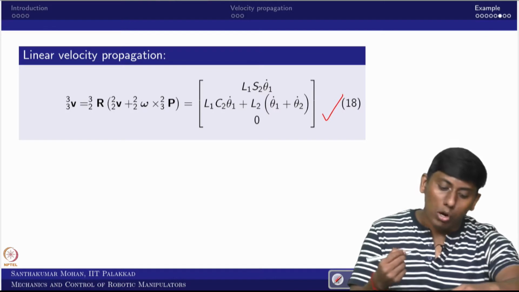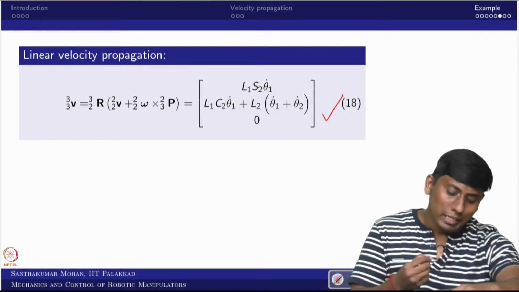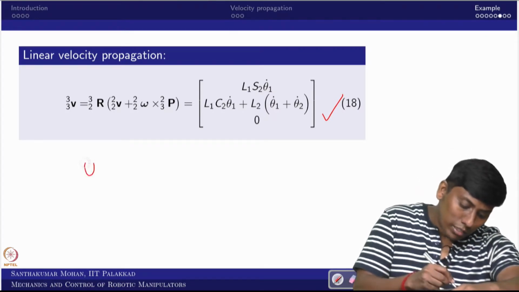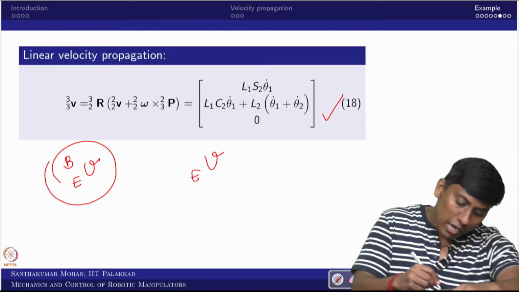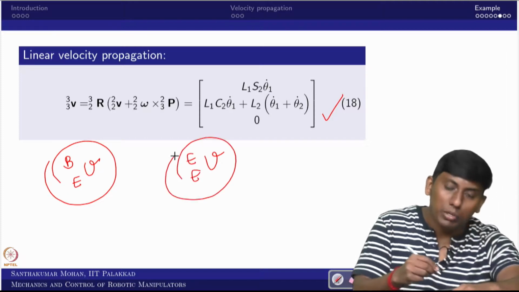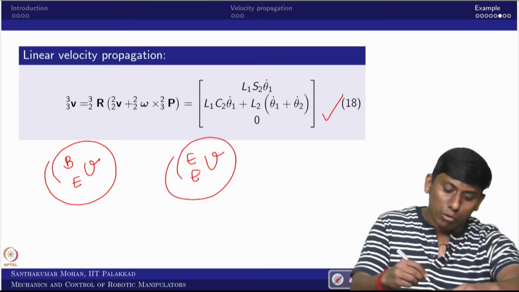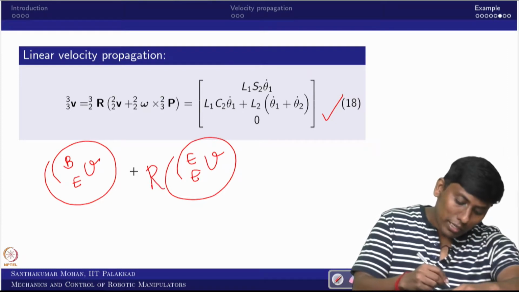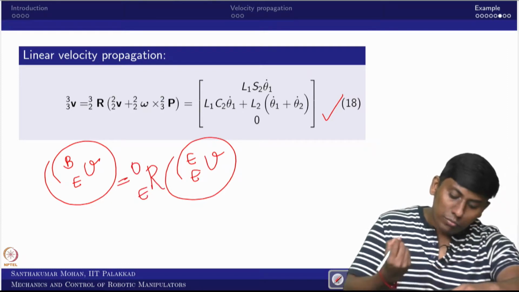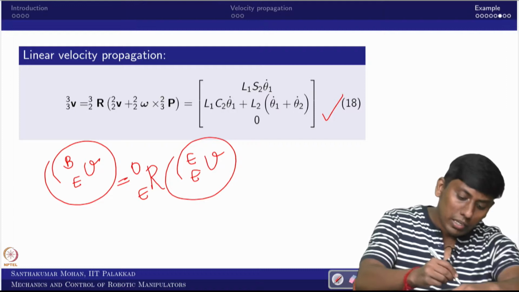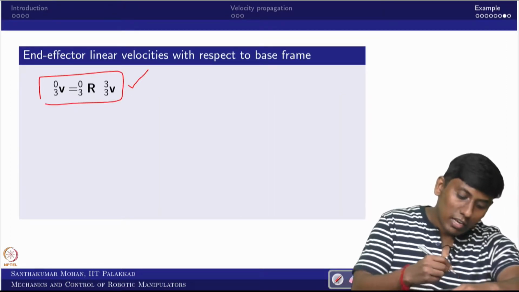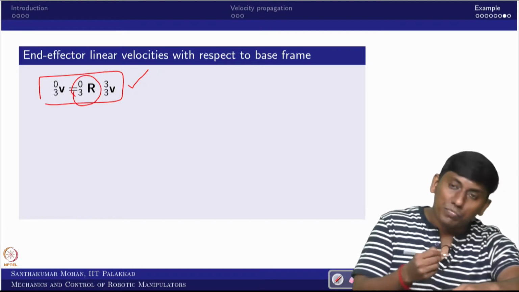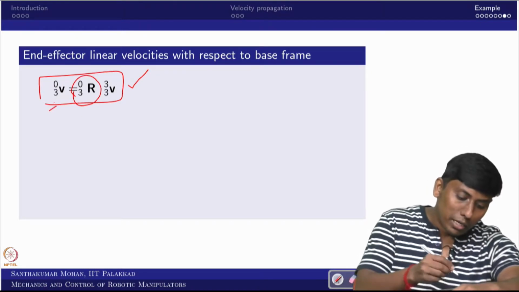Once you have obtained all this, what we really wanted is the end effector velocity with respect to the base, right. What we have is the end effector velocity with respect to the end effector frame. So we can multiply that with this, and this will give the result, right. This we already know, and this information we know, so we can obtain this.